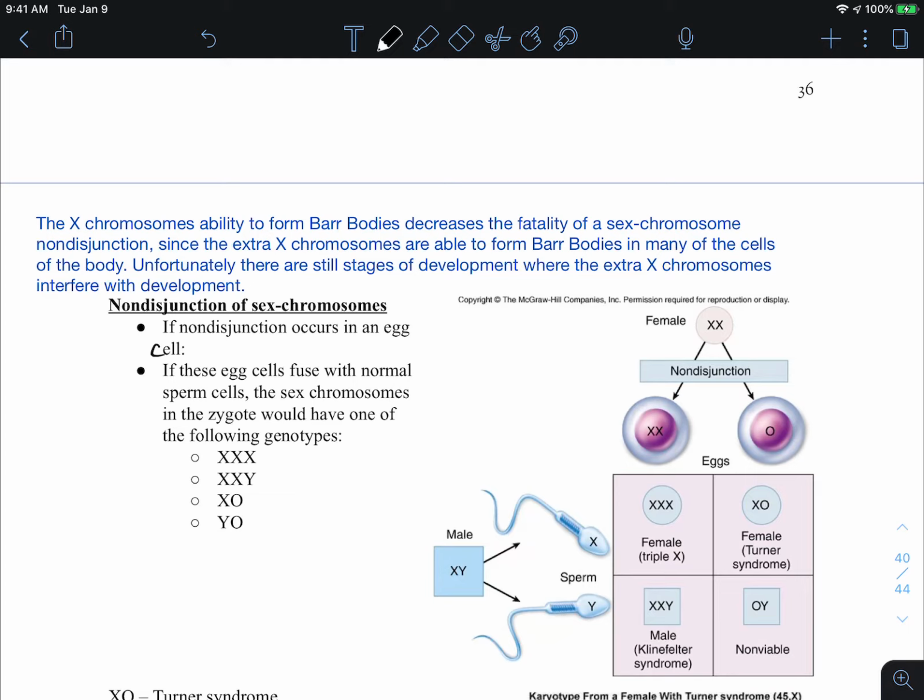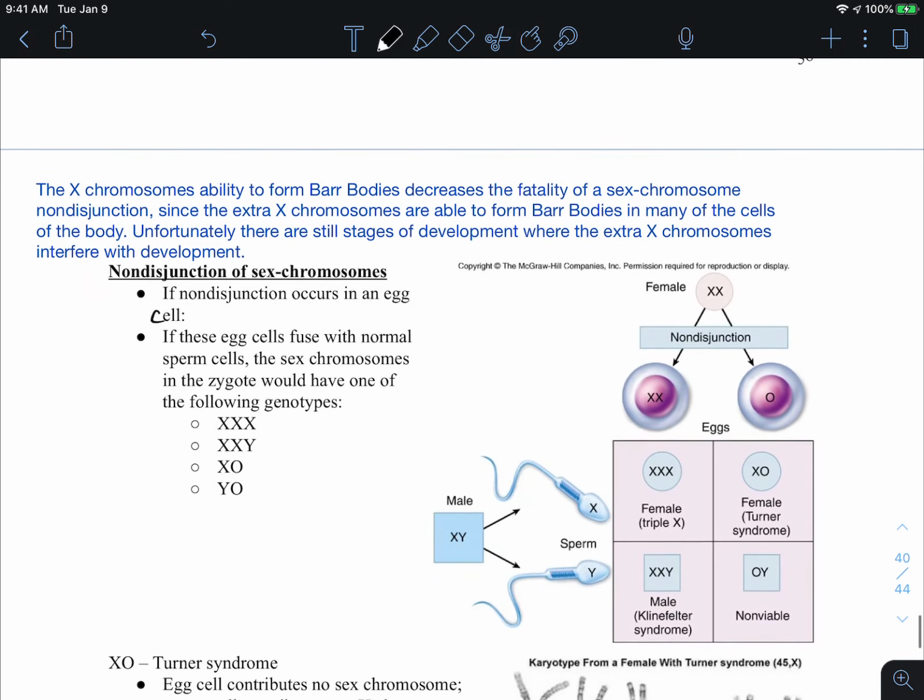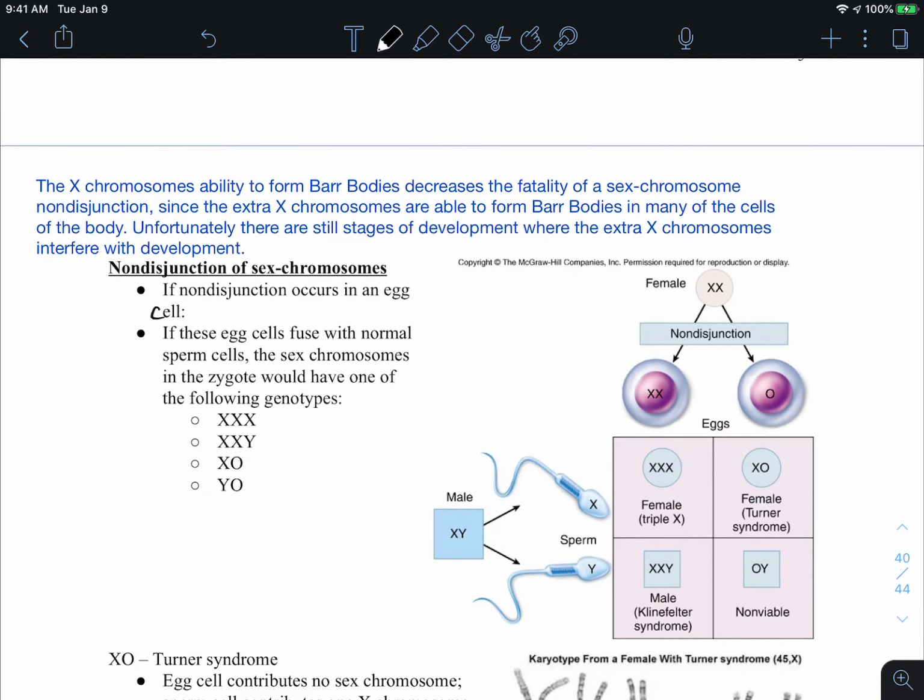So if the egg cells fuse with normal sperm cells and sex chromosomes with the sex chromosome zygote that have these non-disjunctions, typically we're talking about non-disjunction happening in the egg cells. I'm not sure exactly the reason. I suspect that maybe there are so many sperm produced in a given time that the success rate of non-disjunctioned sperm cells is low, but I'm not actually certain about that.